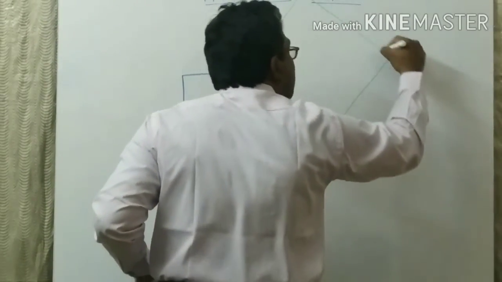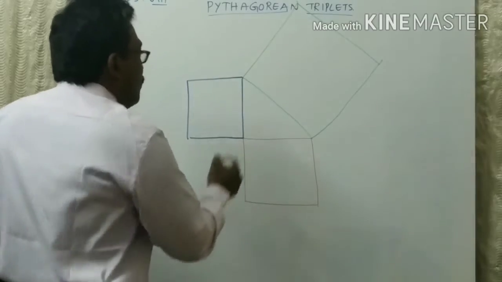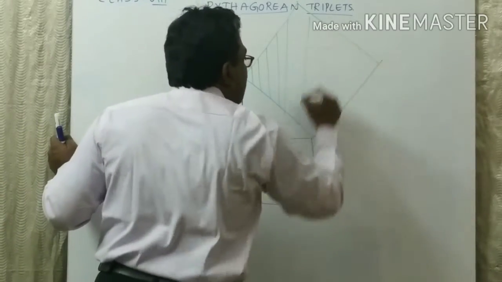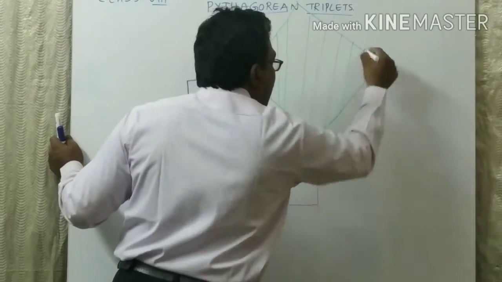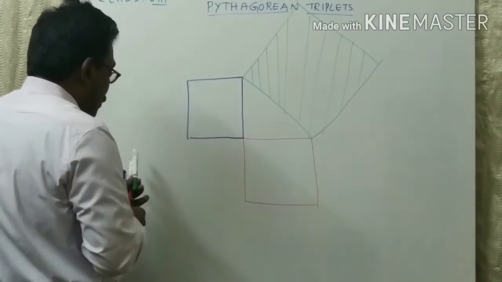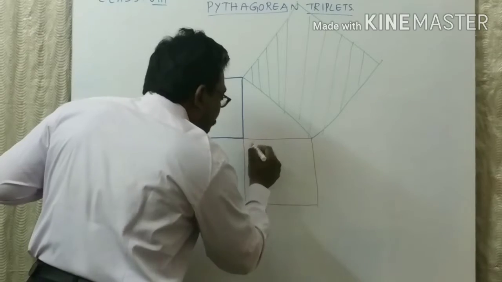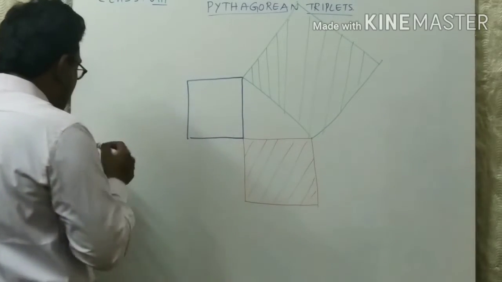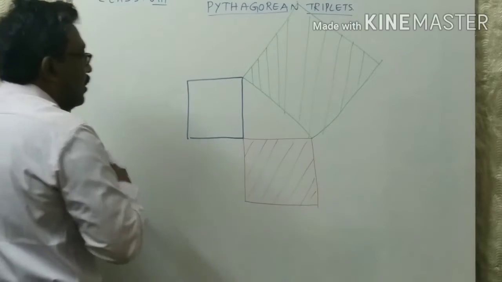Okay, this is one square, just I am shading. This is one square I am doing. Now one more square is this blue one.